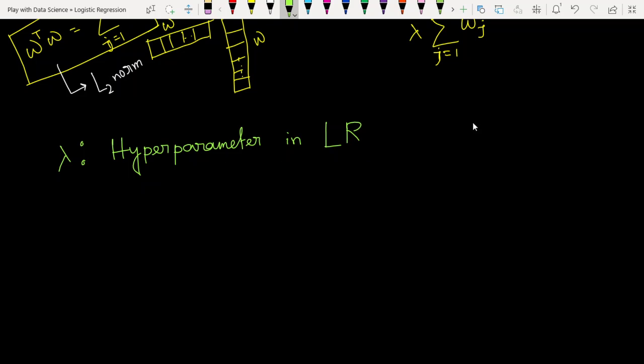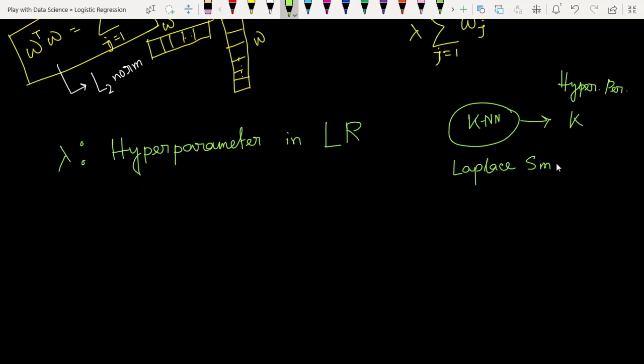Just see it in KNN. In KNN, what is our hyperparameter? Our hyperparameter is K. When we apply Laplace smoothing in naive Bayes, what will be our hyperparameter?